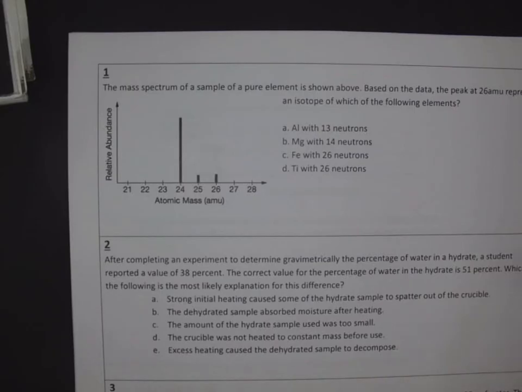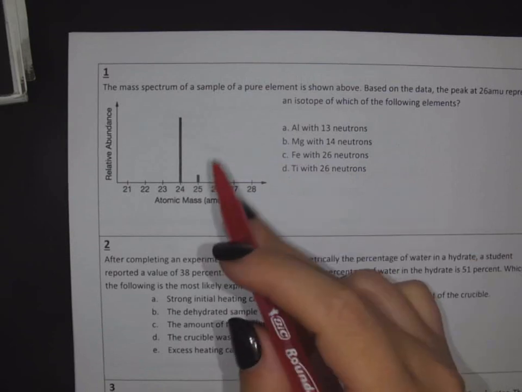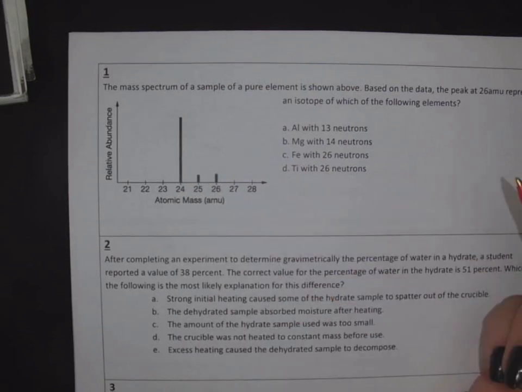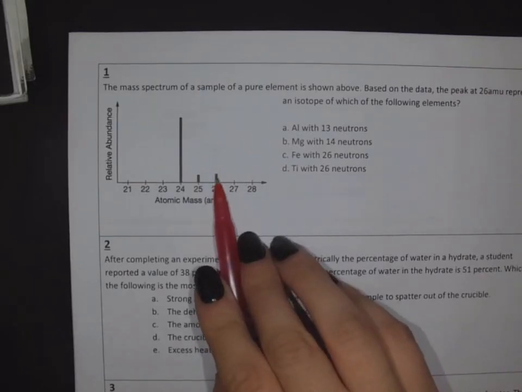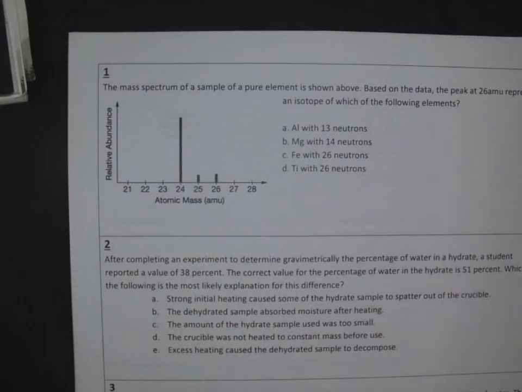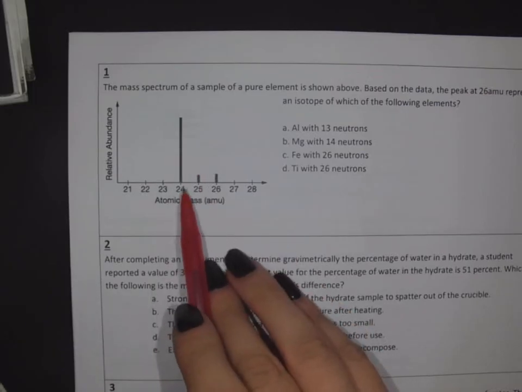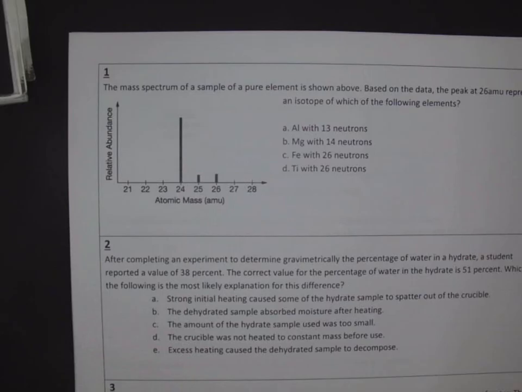So the mass spectrum of a sample of a pure element is shown below. Based on the data, the peak at 26 AMU represents... Okay, so we have aluminum, magnesium, iron. The average atomic mass of these three is what we would see on the periodic table.